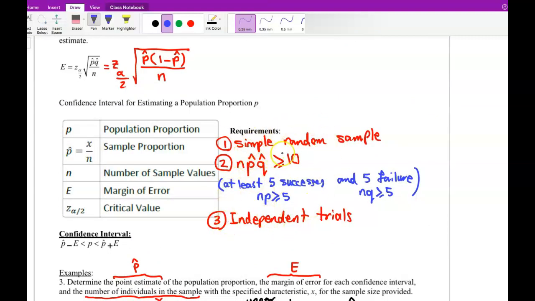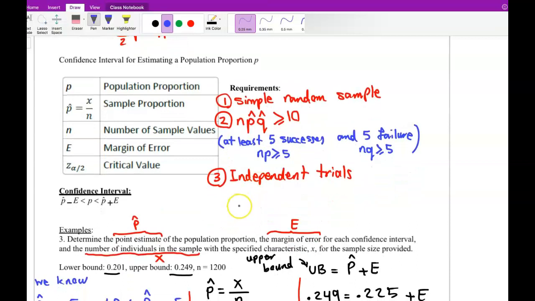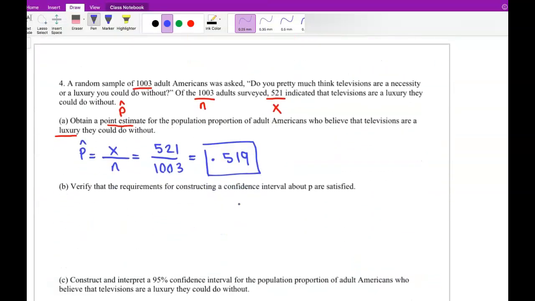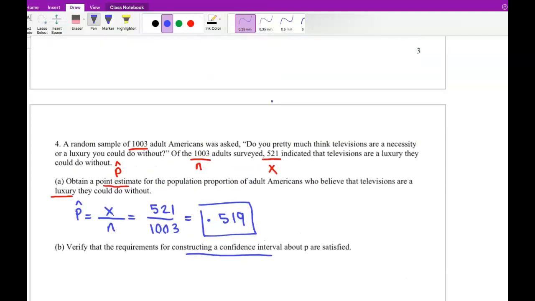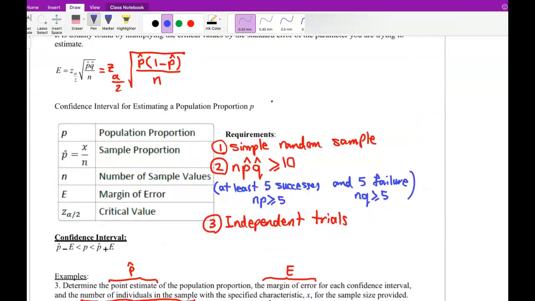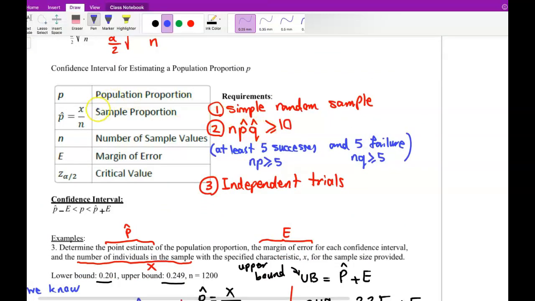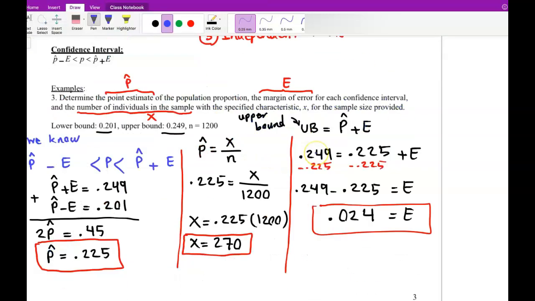I should have a simple random sample, and n times p hat times q hat should be greater than or equal to 10, and I should have independent trials. So these are the requirements for constructing a confidence interval for the population proportion p.